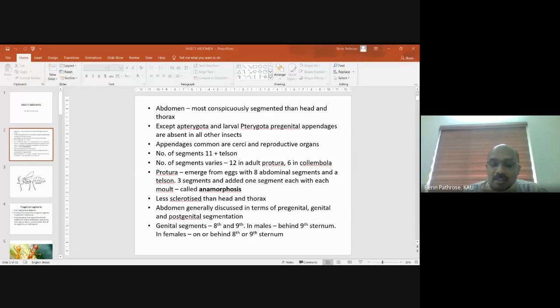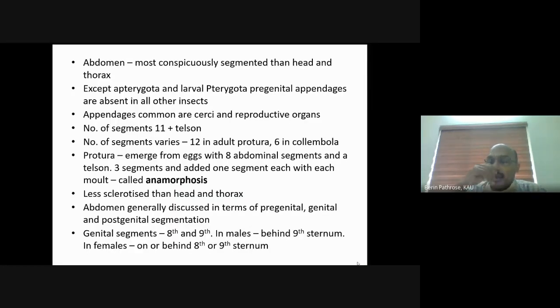All those segments before the genital segments, that is the 8th and 9th, are called pregenital, meaning before the genital segments. And those segments after the genital segments, that is the 10th and 11th, are called the postgenital abdominal segments.